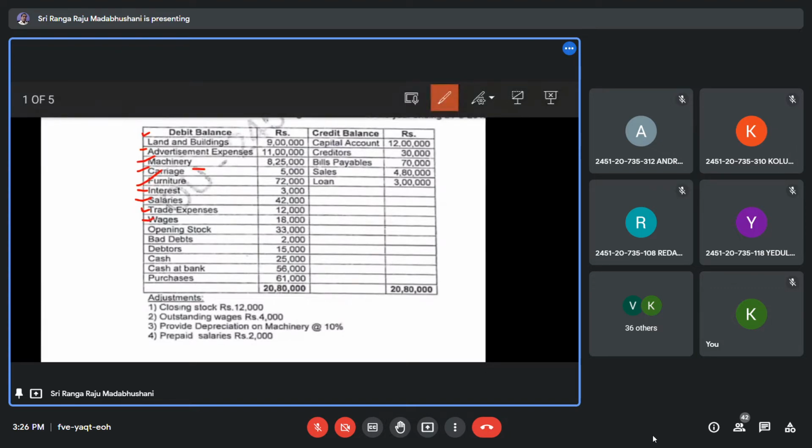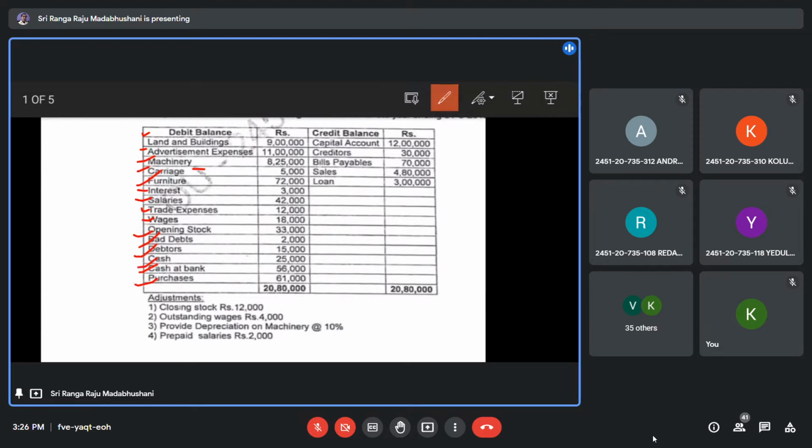Wages, trading account. Opening stock, trading account. Bad debts, profit and loss account. Debtors, asset. Cash, asset. Cash at bank, asset. Purchases, trading account.